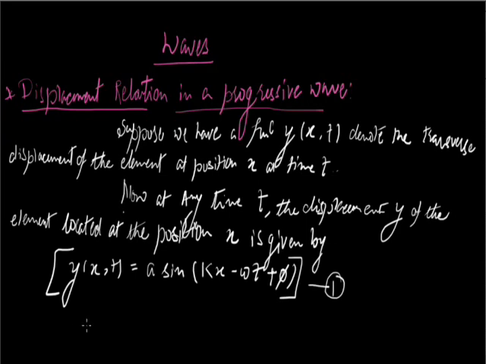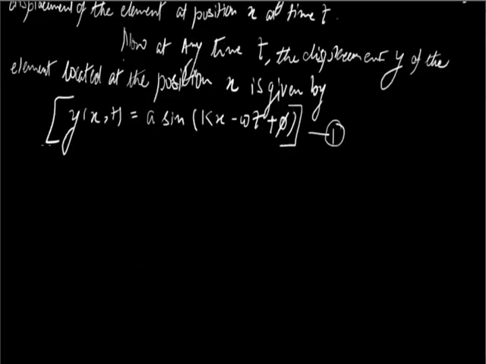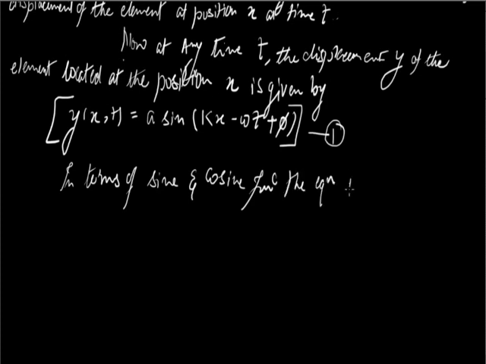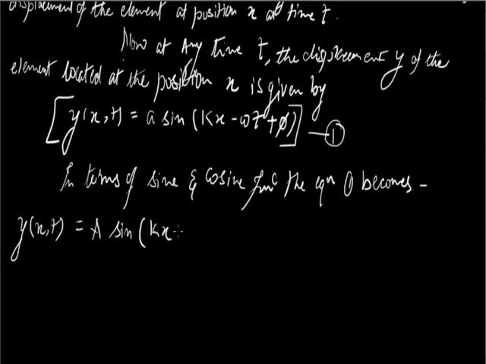Now one can as well choose a cosine function or a linear combination of sine and cosine functions. In terms of sine and cosine functions, equation 1 becomes a sin(kx minus omega t) plus b cos(kx minus omega t).